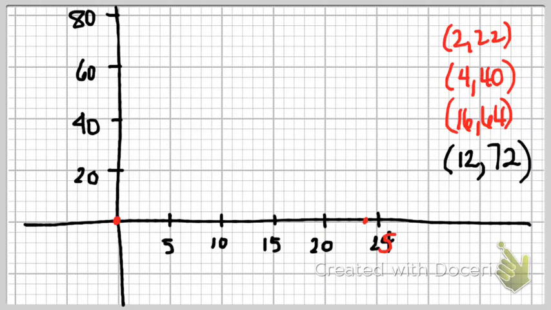So 12, 72. Let's start at 2, 22, and then 4, 40, and then 16, 64, so 16, and then 64 is about there, and 12, 72 is about right here.